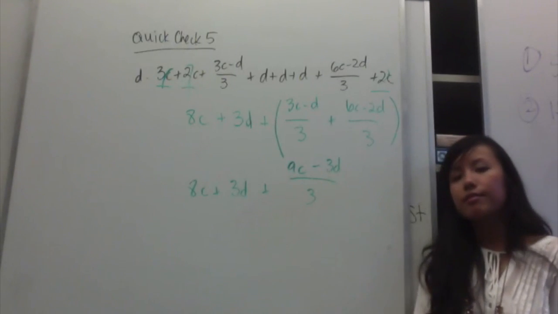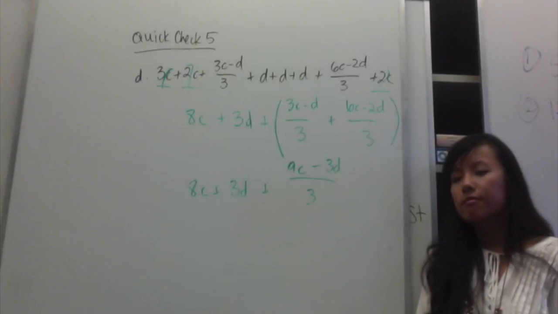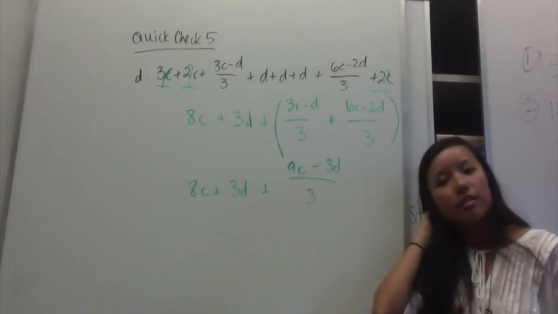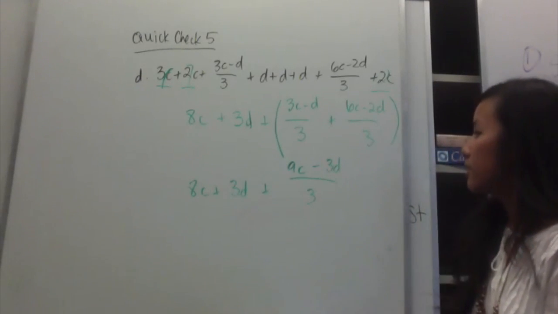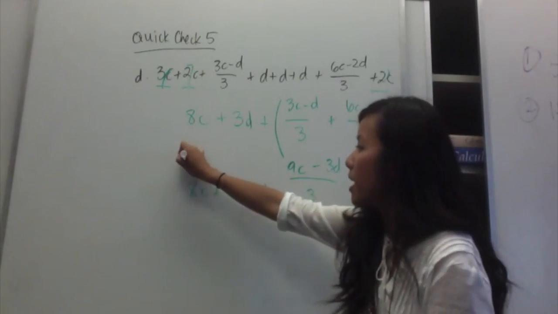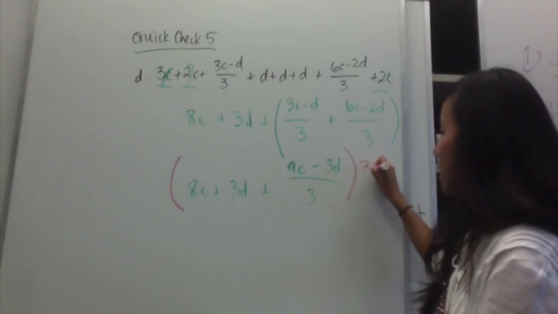How do we get rid of the 3? Can you take a guess? Let's multiply by 3, okay? So we are going to multiply everything here by 3.